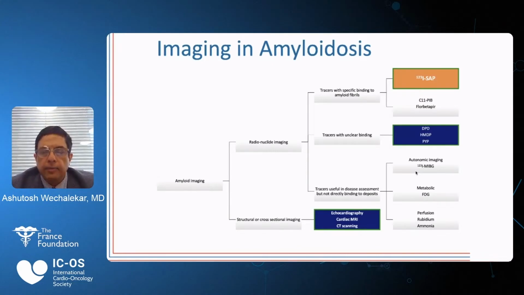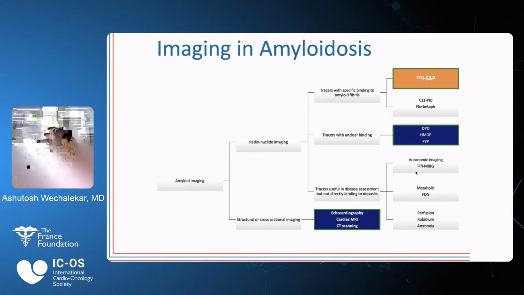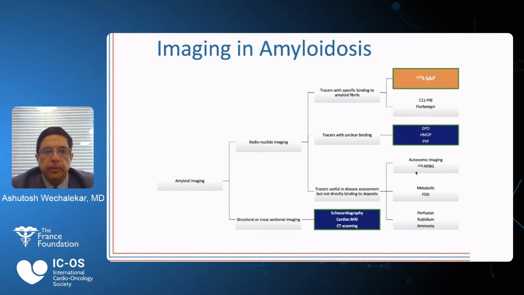Within radionuclide imaging, we can have tracers which are specific for amyloid, and we can have tracers which have some other roles but are useful for amyloid imaging by way of their property to bind amyloid deposits, such as DPD, HMDP, PYP. Tracers which can image autonomic nerves, such as MIBG, and then metabolic tracers such as FDG, ammonia, or rubidium, which can tell us about myocardial perfusion in amyloid.